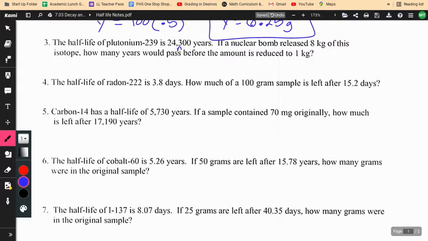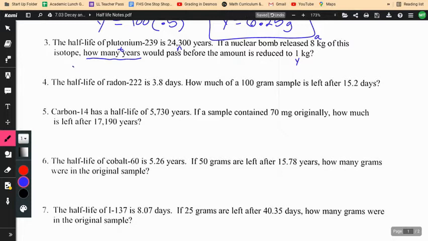If a nuclear bomb released 8 kilograms, this is my initial value, of this isotope, how many years would pass before the amount is reduced to 1 kilogram, which is my final amount? So this is saying how many years, right? How much time will pass? That's my T. So I use my equation.